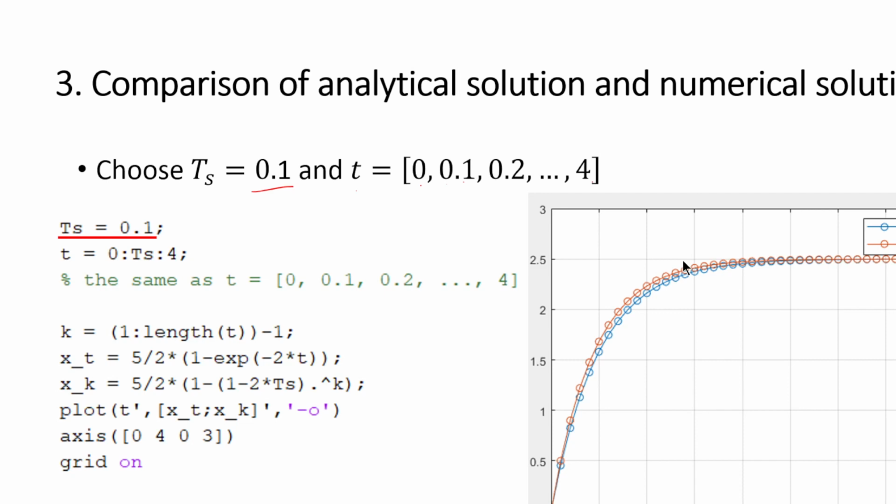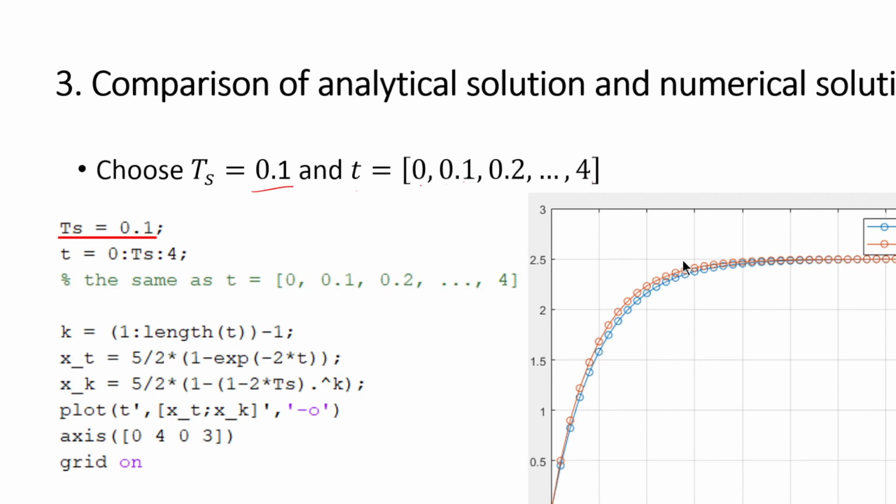Okay. So it means no matter how complex a system you have, no matter how many dimensions the system has, as long as you choose a small sample time and you make a simulation, that solution can represent the continuous one. Because for some systems, there's no way to find an analytical solution like this example, right?